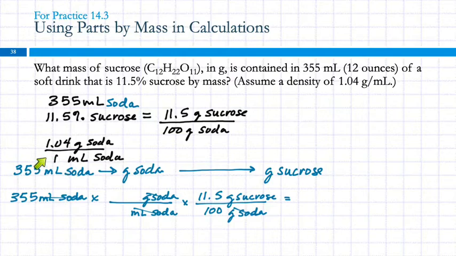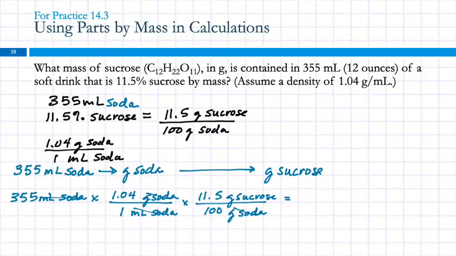And then this density, 1.04 grams of soda per 1 milliliter of soda, goes over here. Any questions? It's not too late to figure this out. Some of you are still a little iffy on it. It really is a very, very useful technique. You can bluff your way through a lot of calculations with it.